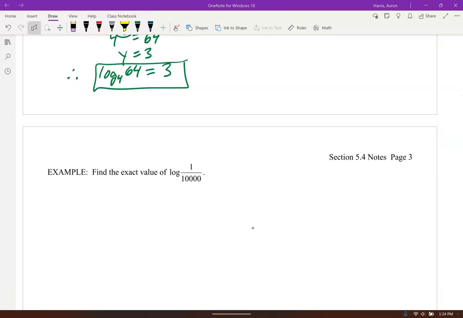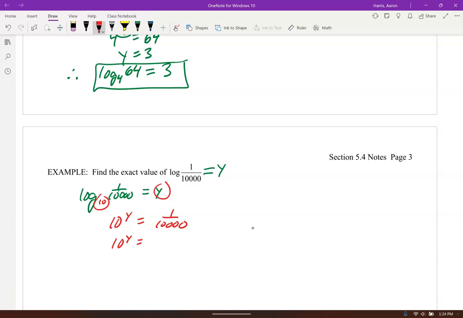Let's do this next one. Let's go ahead and set equal y again. So we have log of 1 over 10,000 equals y. And remember that the base is not shown, so it's base 10. Now let's put it in exponential form. So we're going to go 10 to the y equals 1 over 10,000.